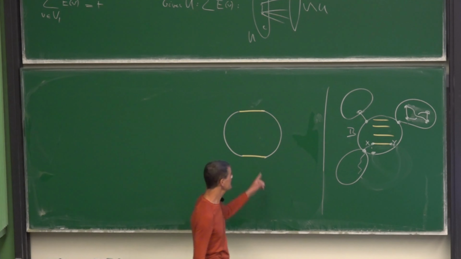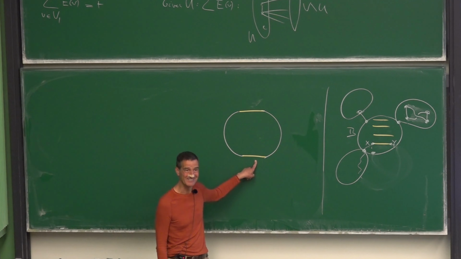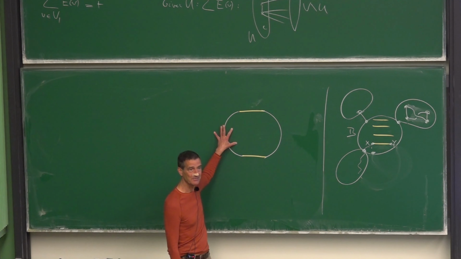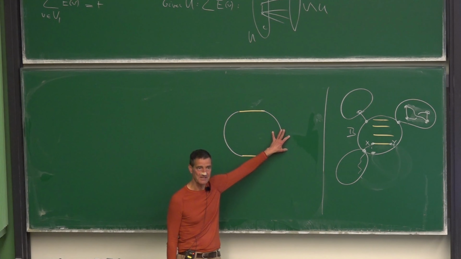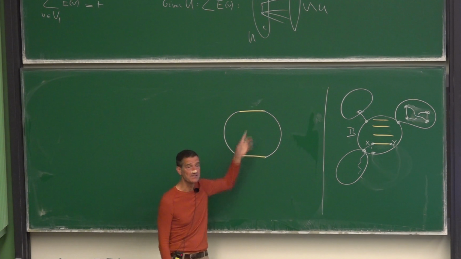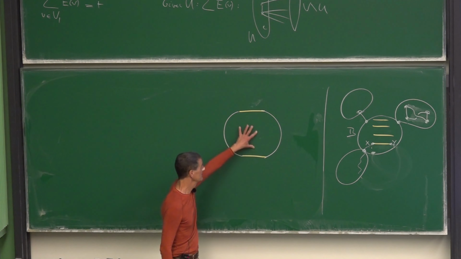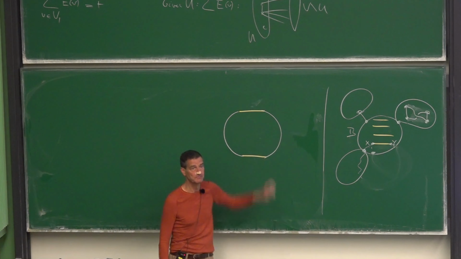You can see a little bit of a partition in this picture already. This part of the cycle should be on one side, that part of the cycle should be on the other side. If we ever have the two yellow edges in some bond, this bond will separate those two.